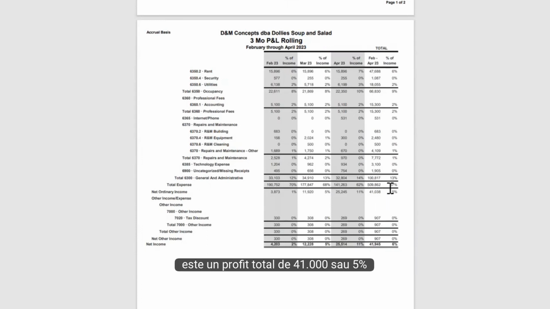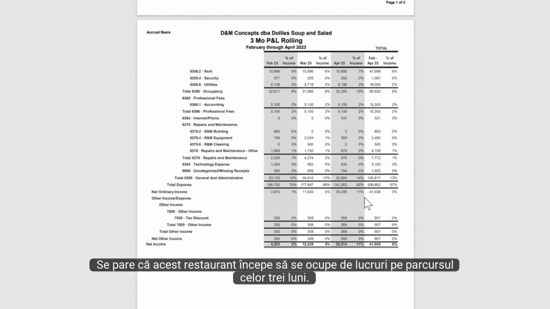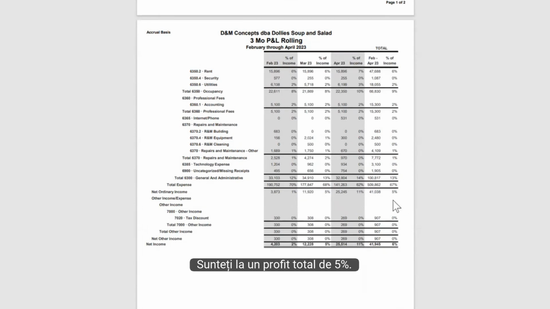In this example, it's a total profit of 41,000 or 5%. Are we doing bad or are we doing good? If you look at it, you see February was 1% of net profit, March was 5%, April was 11%. It looks like this restaurant's starting to get a handle on things. Over the 3 months, you're at a total profit of 5%.